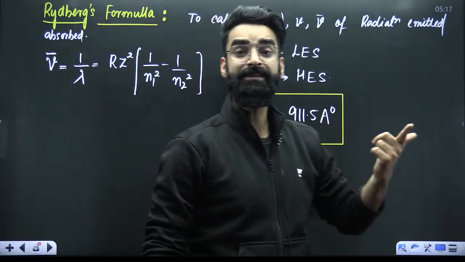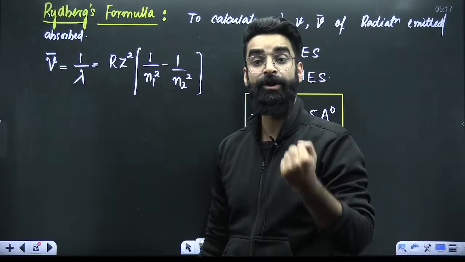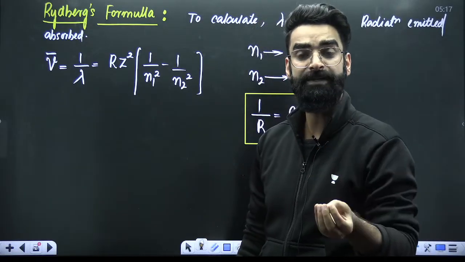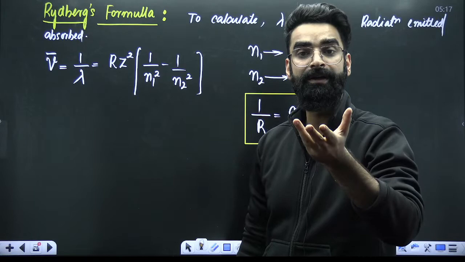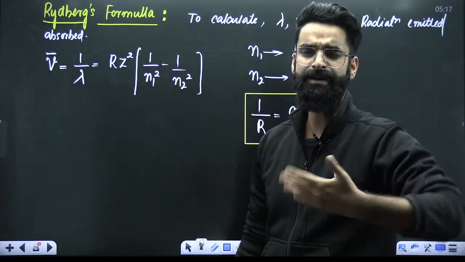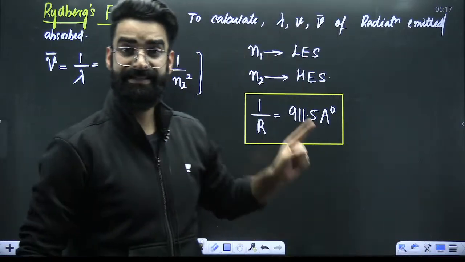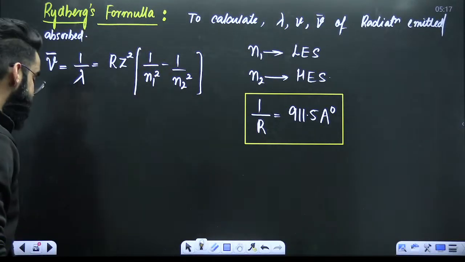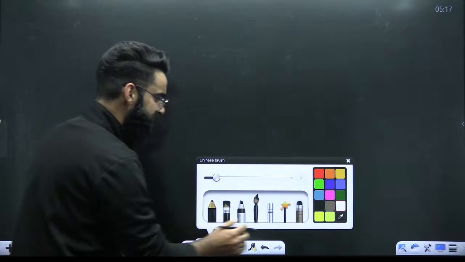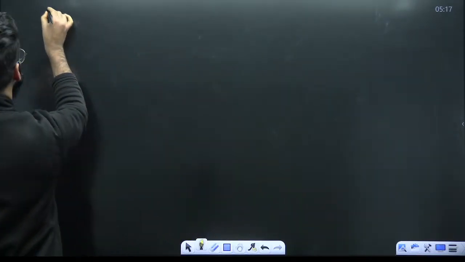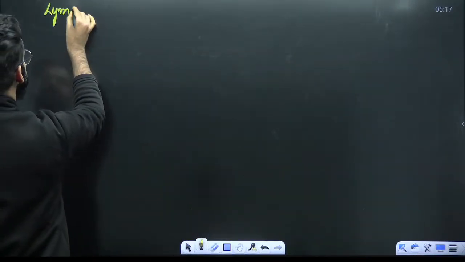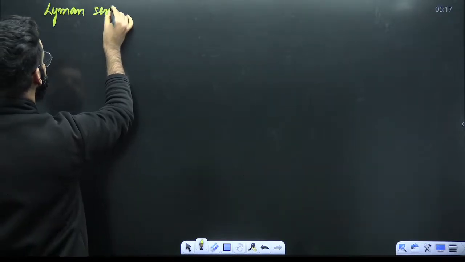In order to get the wavelength, the frequency, the wave number of the radiation which is emitted or absorbed during the transition, either from higher to lower or from lower to higher, right? Now people, let's have a look exactly how this particular result is used. Let's first of all try to analyze your Lyman series.